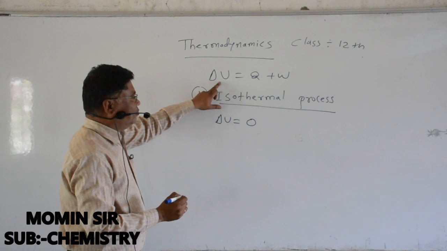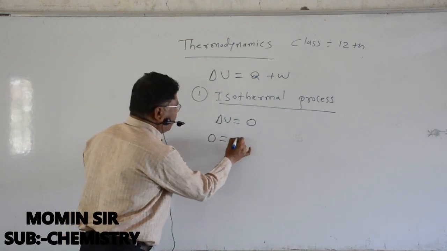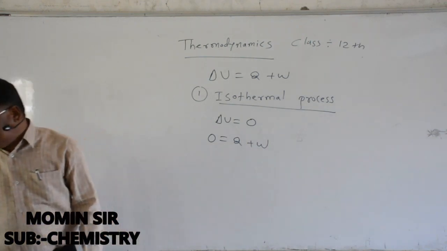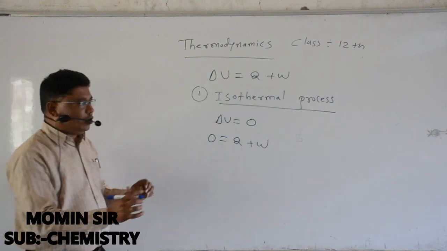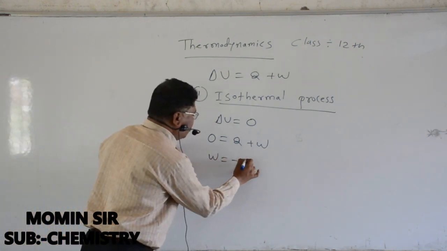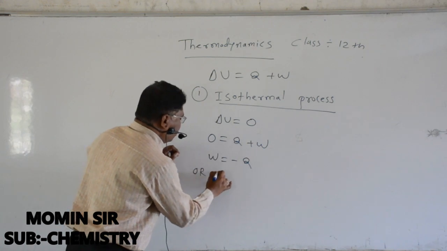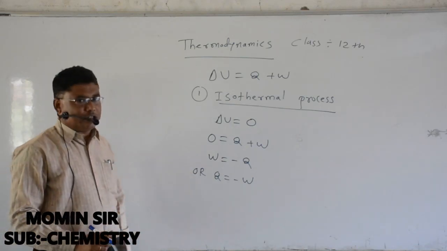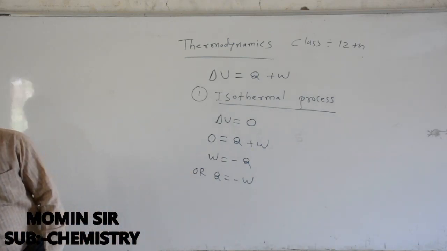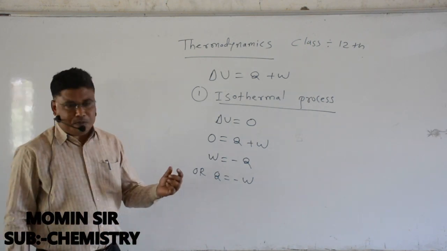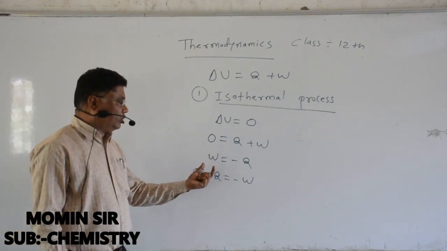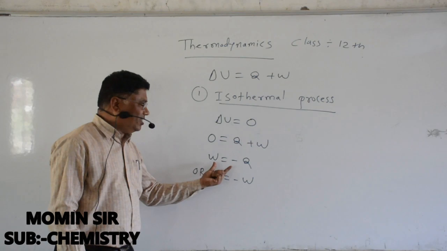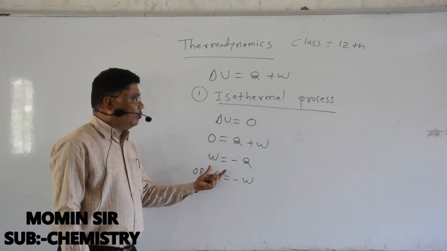Then this equation becomes 0 is equal to Q plus W, or we can write W is equal to minus Q, or Q is equal to minus W. This equation indicates that heat absorbed is entirely used for doing the work.